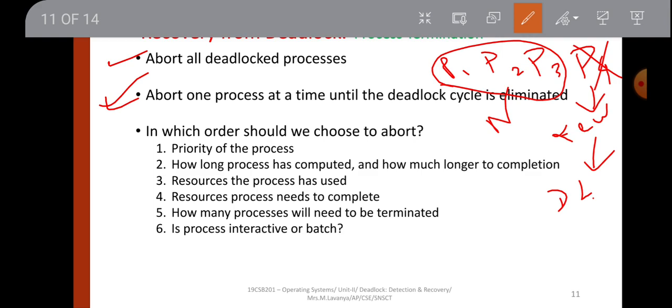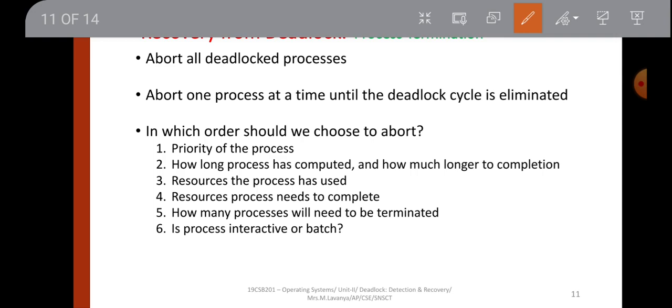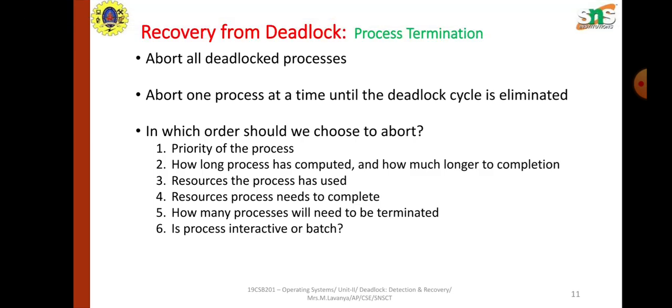Process aborting from the deadlock state must consider these 6 points. These are very important while selecting the victim process. First, we have to see the priority of that process, that is, what the priority of that process is. If the process is of high priority, we must not select it as a victim process.